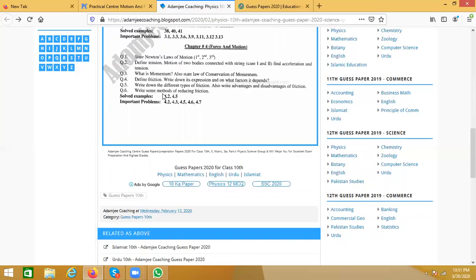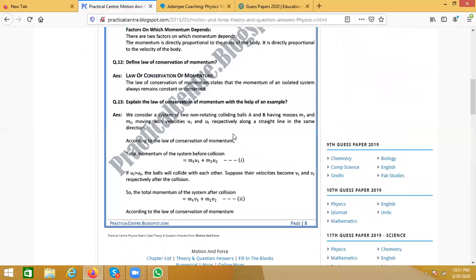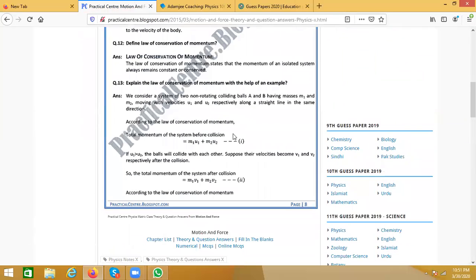Okay, so if you can see here, this is the question and this is the answer: the law of conservation of momentum states that the total momentum before collision must be equal to the total momentum after collision, right? So the total momentum here remains conserved.